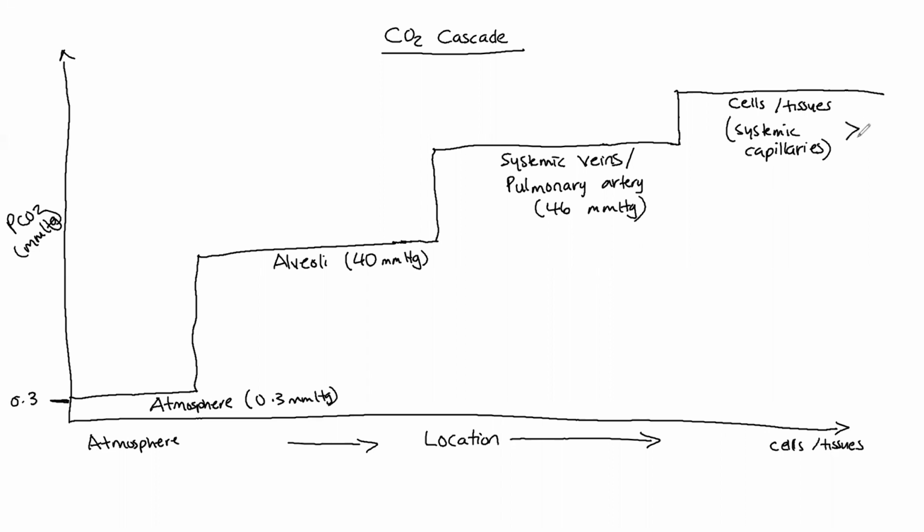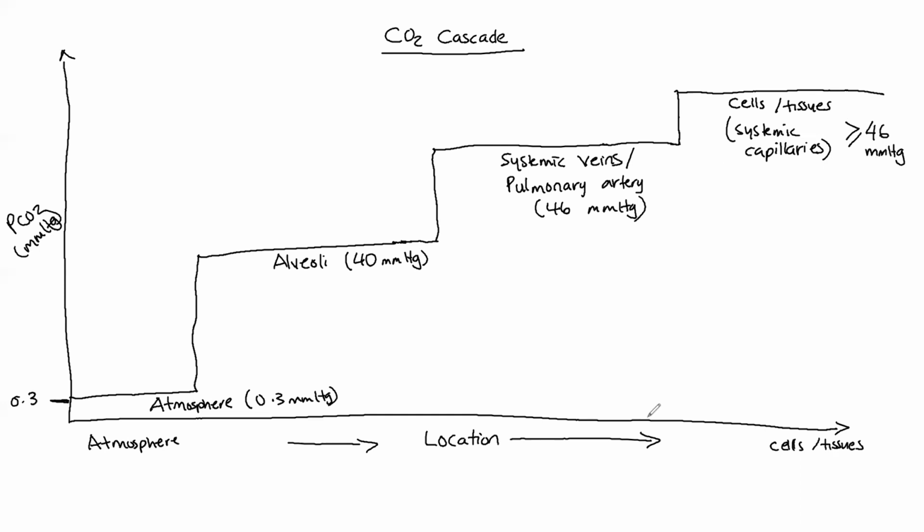In other words, just like what we described before with oxygen, if there's higher metabolic demand or a higher mismatch of these gas productions, we can see a greater partial pressure of CO2 if the tissues are offloading more CO2 than what is being produced. But typically it's about 46 millimeters of mercury.